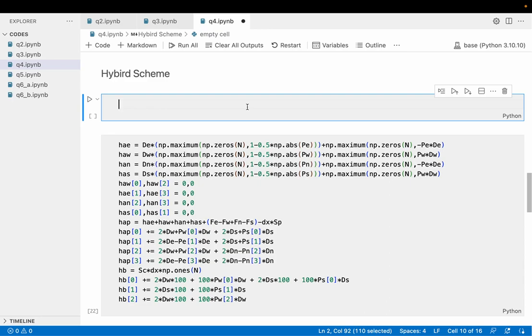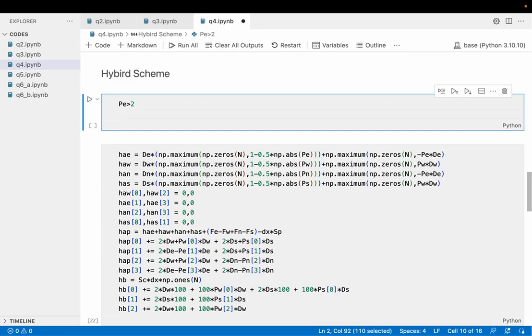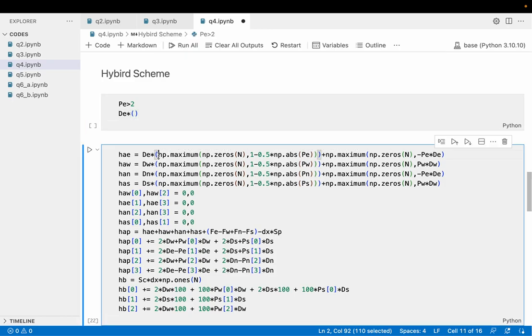Say for the upwind scheme, when the Peclet number is greater than 2, you have DE times the maximum of these will be, okay, maybe the 1 should be outside of this, so it will be 1 minus this.